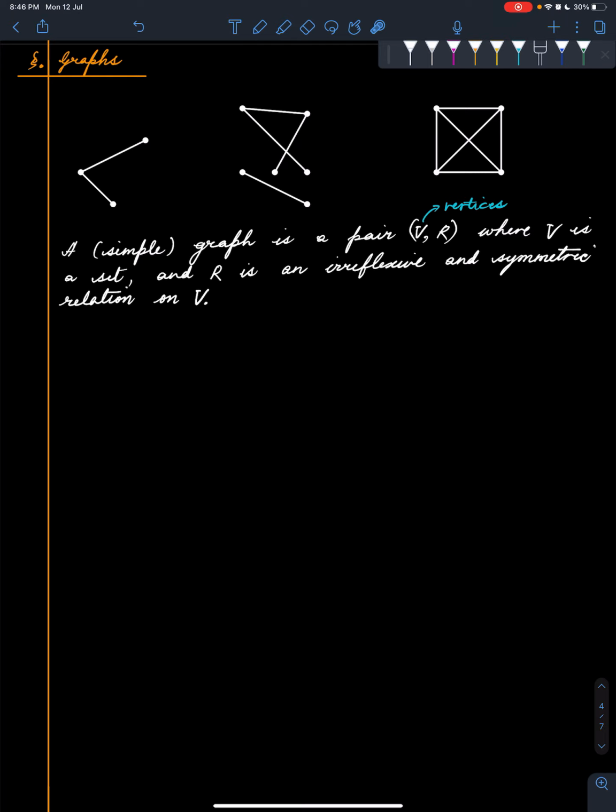And although it's not important, let me leave you with an exercise. So given a graph, let V comma R be a graph.